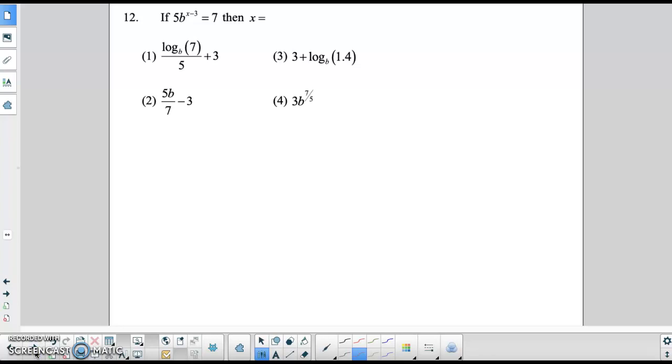Okay, now let's take a look at this one. First of all, please get rid of the 5 first. Why? Because this is like a whole family, okay? They are together. And this is another one. So this person needs to go. So divide both sides by 5. Cancel out. You have b to the power of x minus 3 equal to 7 over 5.